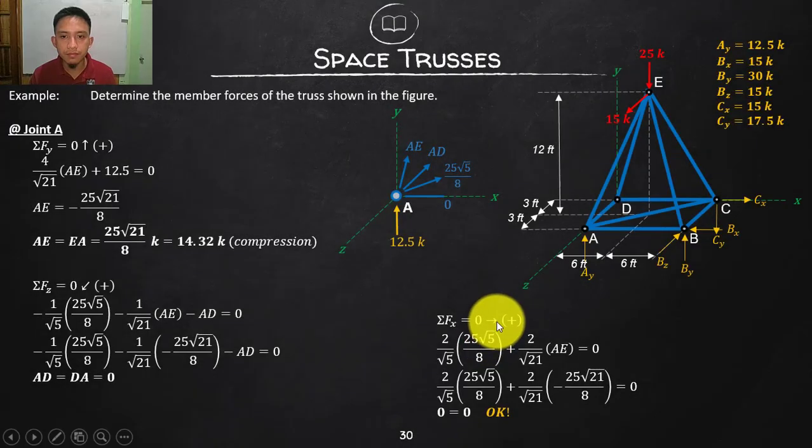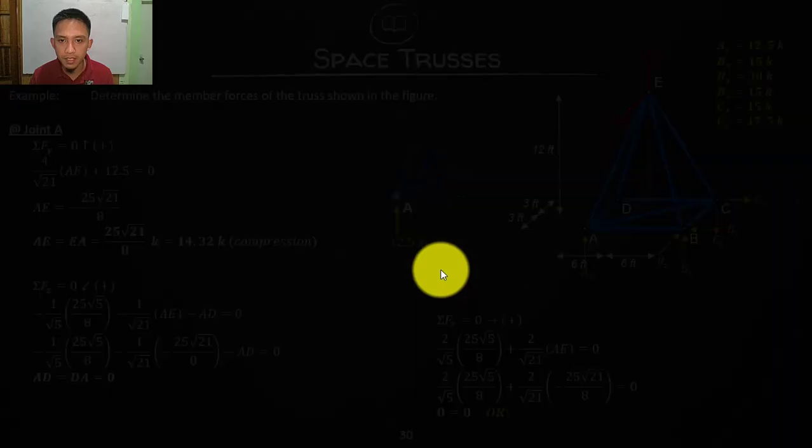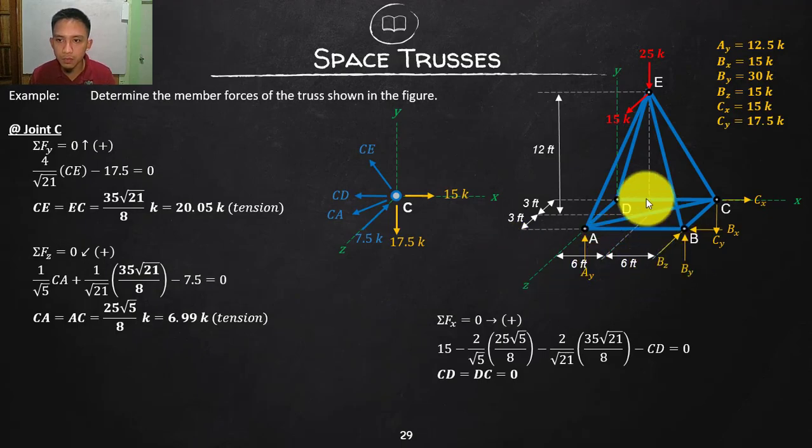Now, we already know whatever is connected in your B and in your C. So actually, we completed this. We only have 1, 2, 3 unknowns left. So if you want, you can proceed to A. But for me, I want to proceed first to D. I mean, let's proceed to A. And later on, we will check that one.